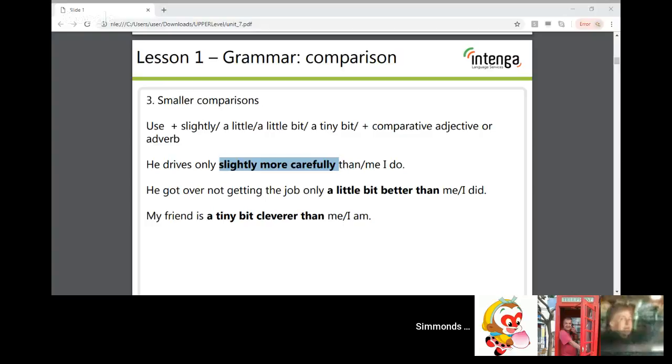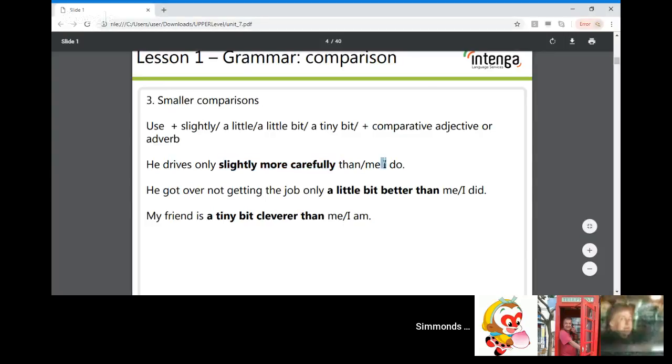Yeah, well, a lot of ly in this sentence. Okay. So he drives only slightly more carefully than me, for example. And as you can see, this slash should be over a little bit, should be here. Okay, and it's not. But that's okay.